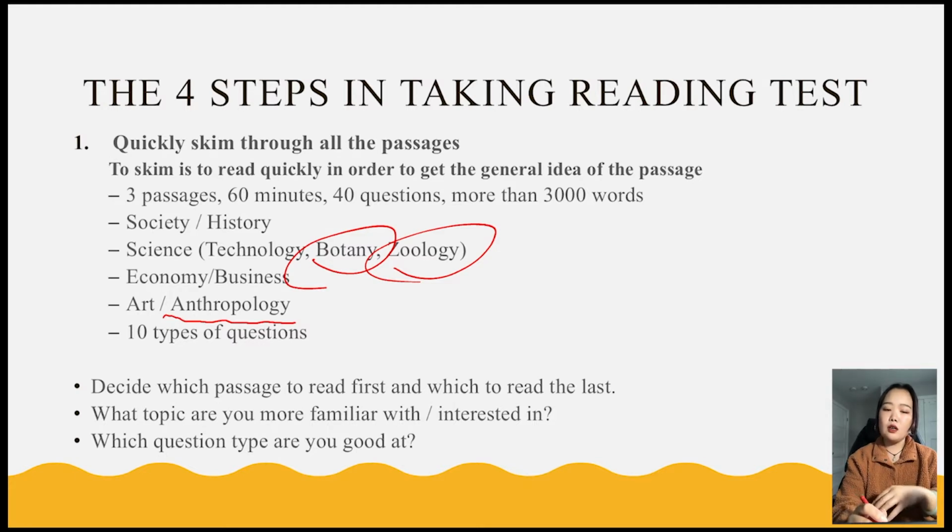So if you notice that there's one specific passage where you're familiar with the topic and you are really good at the questions after the passage, then maybe you should read that passage first. Obviously, you should finish the easier questions first and save the most difficult questions for last. Make sure you get all the points for the questions that you are sure about the answer.